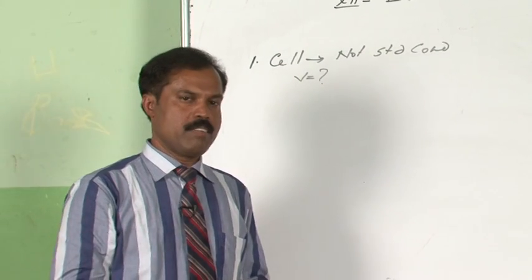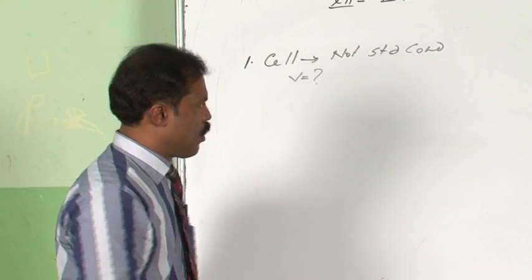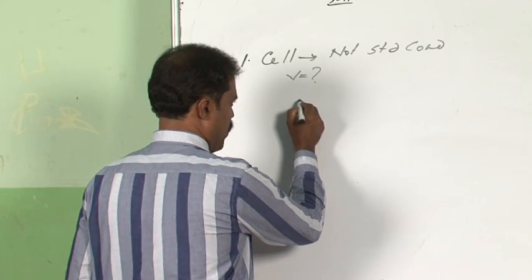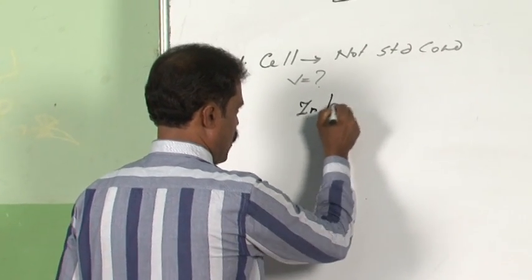Suppose a cell is not in a standard state. How will we know the voltage of it? Let's take the same Daniel cell which we had discussed in the last class.